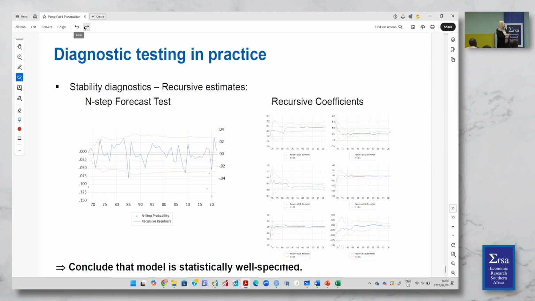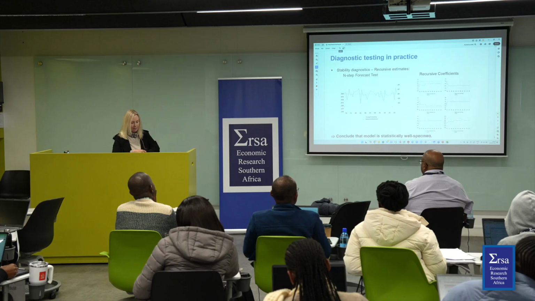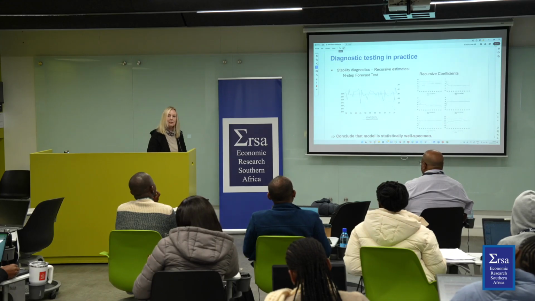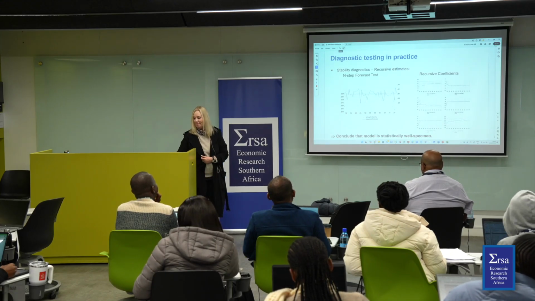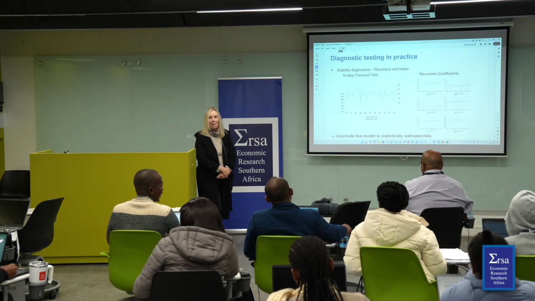But this is a good thing for consumption, and the parameters are like the first variable in the ECM, second, third, fourth, 5, 6. So that we can also pinpoint one that doesn't behave so well. And that is the last slide.